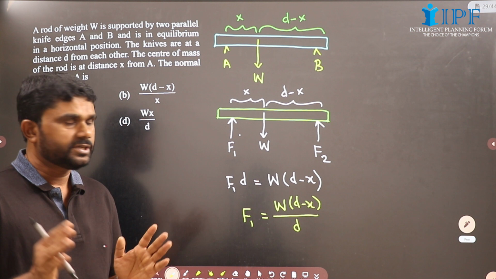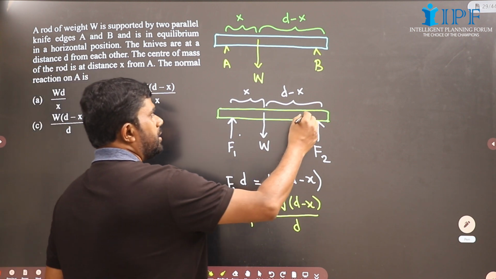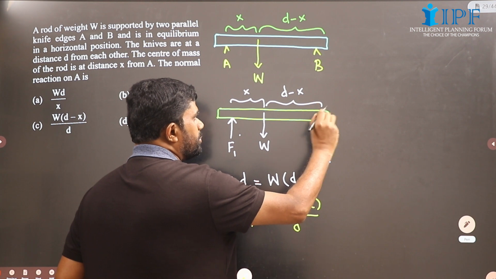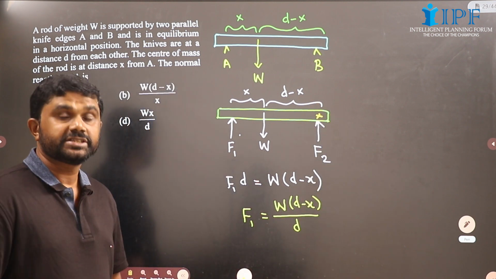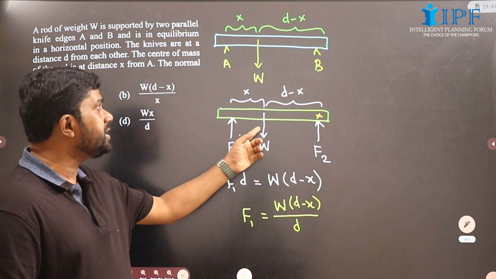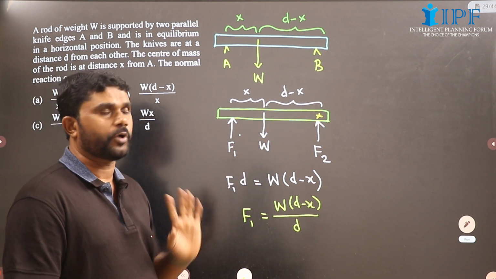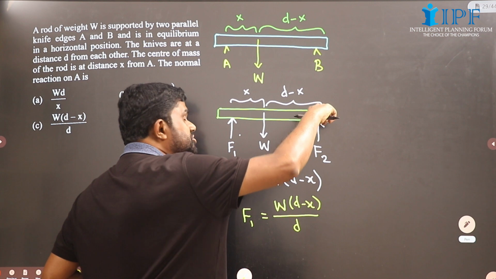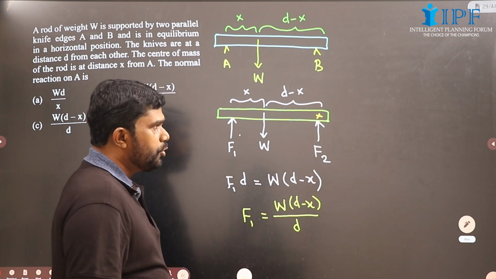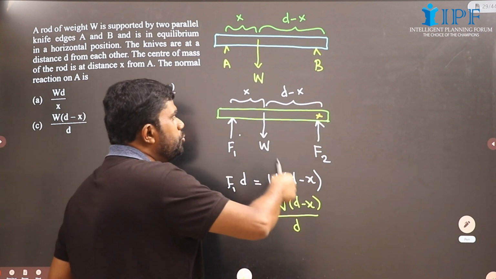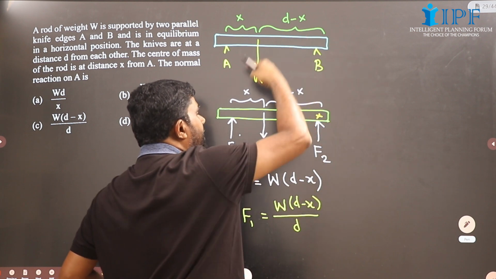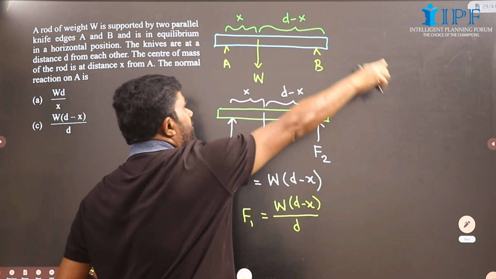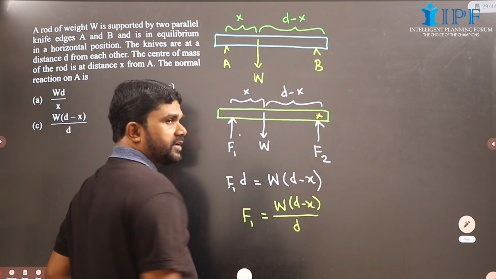Then it is easy when you take the moment about this point B. Let us find the turning effect of the remaining two forces about this point. So if we fix the rod or hinge at this point, this weight W will provide a counterclockwise turning effect, and this F1 will provide a clockwise turning effect.